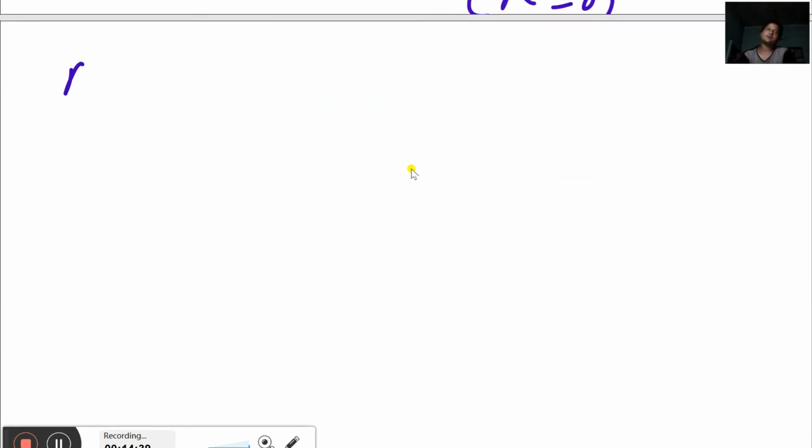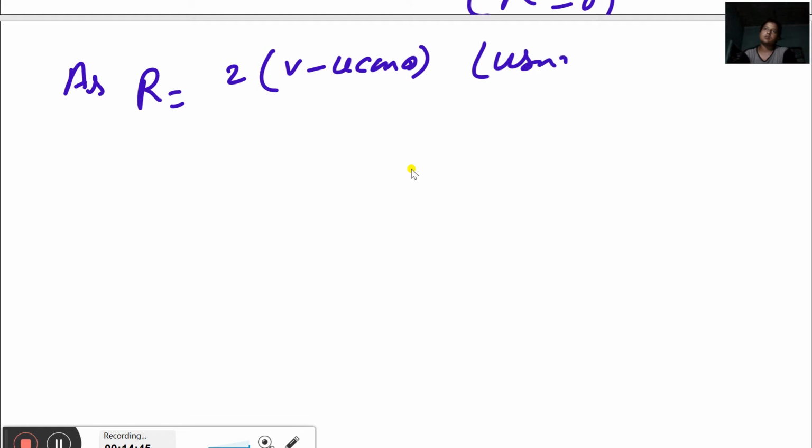as R equals to 2(v minus u cos theta) u sin theta over g, range has to be 0.